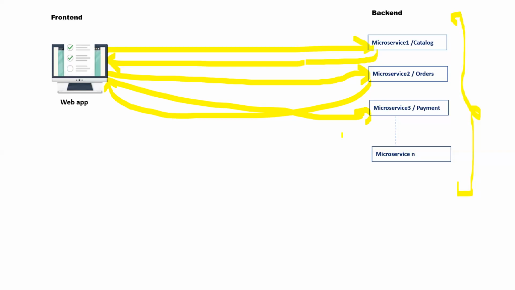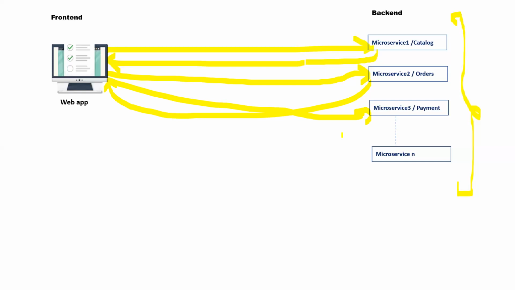Also, the data has to be aggregated: the first request goes to microservice one to get the product details, then a second request is issued directly from the web app to get the catalog of orders, and then the payment details, etc. So this is where latency comes into the picture.